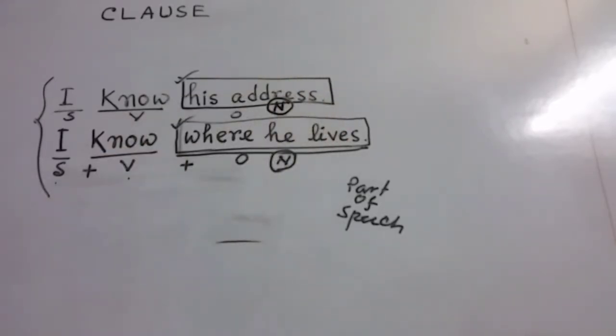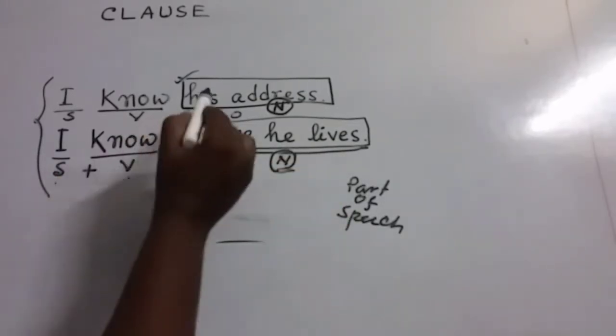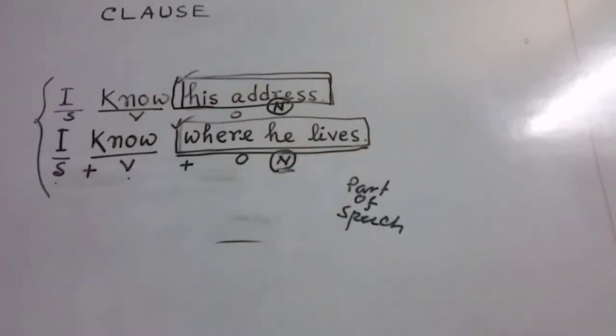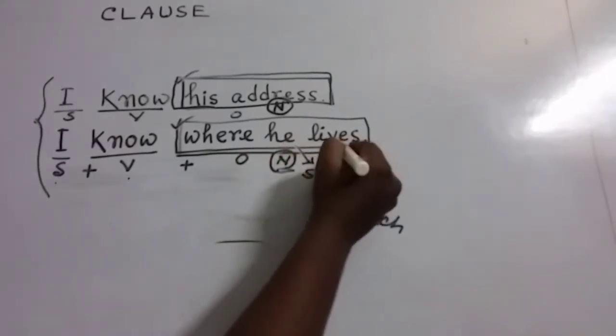But my dear friends, these are groups of words acting as a noun. Here, look at this part. There is no such subject or verb. But here you can see there is the existence of a subject and a verb.